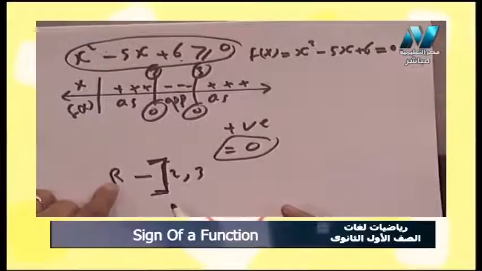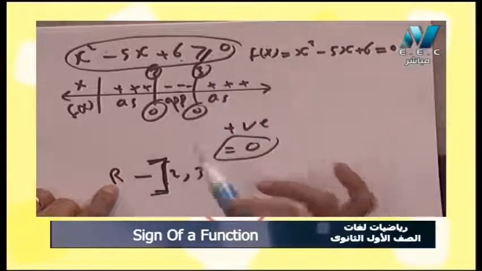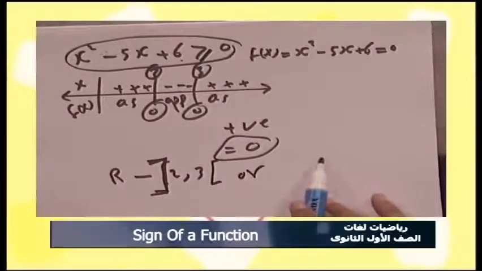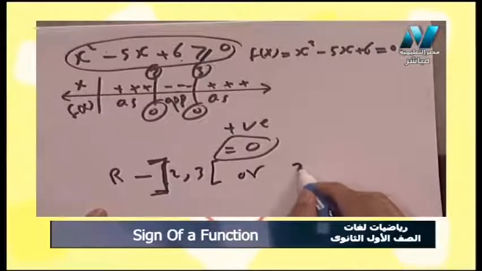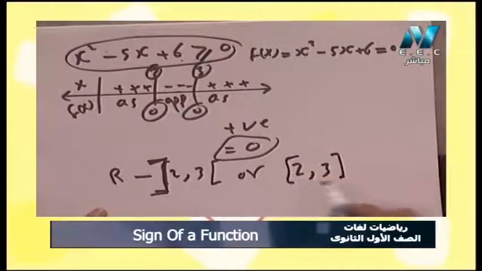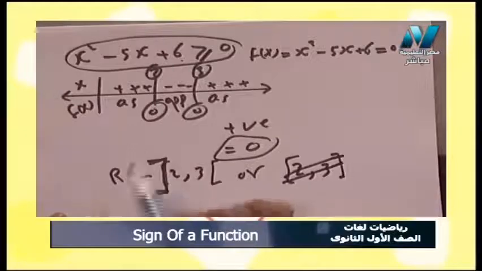So 2 will be included, which makes it greater than or equal to 0, and open there. This part will be excluded, so the solution set will be R except the interval 2 and 3.